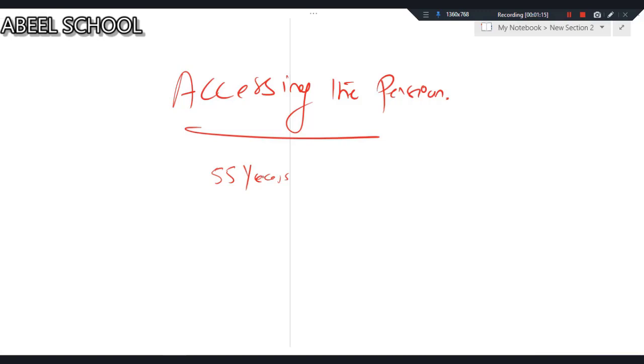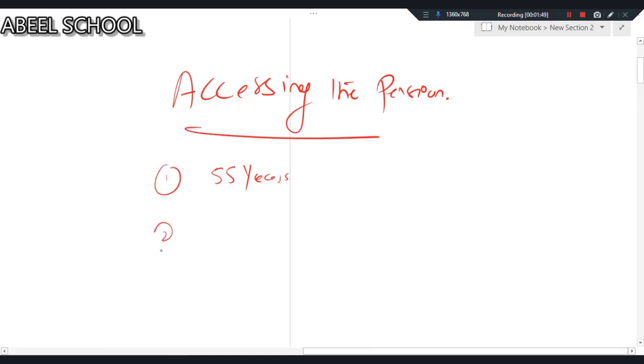I'm saying the age when an individual becomes entitled to the pension is 55 years, which means that if someone is less than 55, they will not get the pension fund and the pension income. So the number one rule you need to know in order to access the pension is that the age must be at least 55.